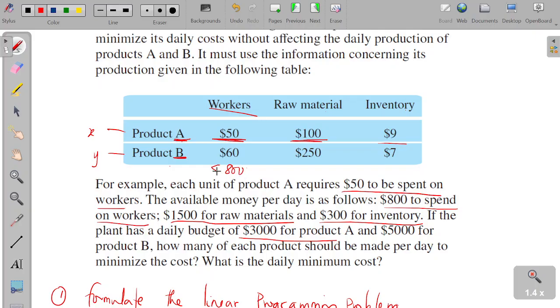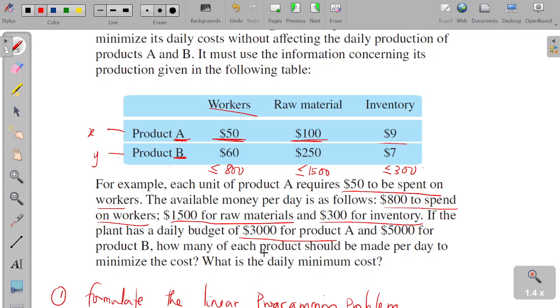So it can only be less than or equal to 800. That is very important to know, which of the inequalities to put. So for workers it is less than or equal to 800. For raw material also the same, because that is available, so less than or equal to 1,500. This one also is less than or equal to 300. As soon as you are able to get this, you are good to go.